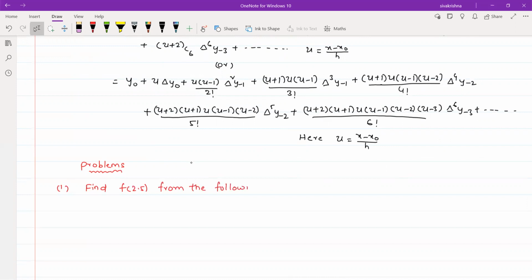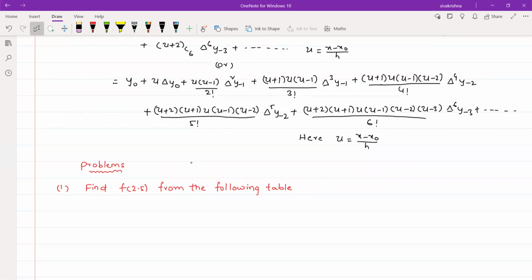Every time what we have to do is find the value of y corresponding to the value of x. That is what we have to do in these problems.